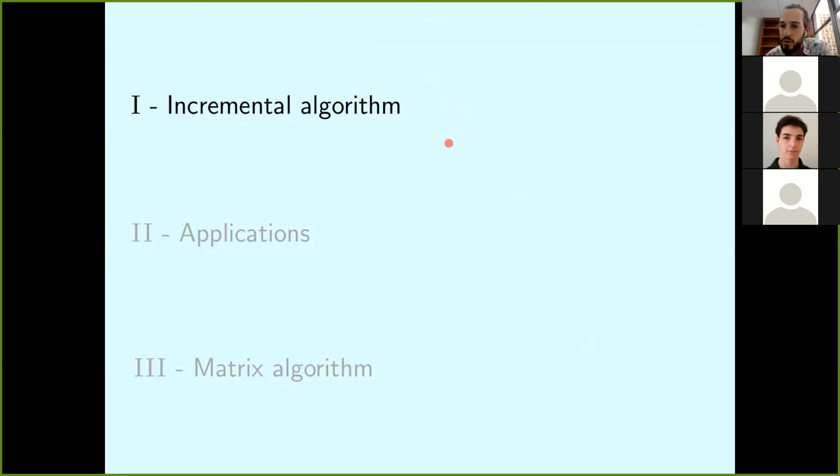So I will start with the standard algorithm for computing homology. It is called the incremental algorithm. Then I will show you some applications, and we will finish the lesson by a matrix version of the algorithm, which is the one used in practice.